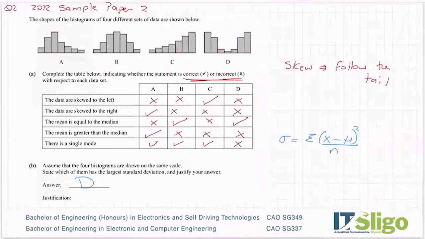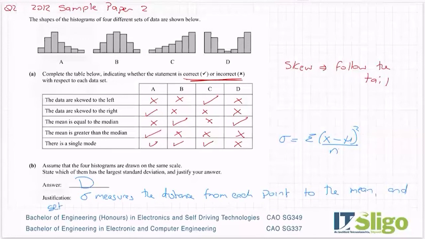So D, and how would I describe it? Standard deviation measures the distance from each point to the mean and gets the average of that.